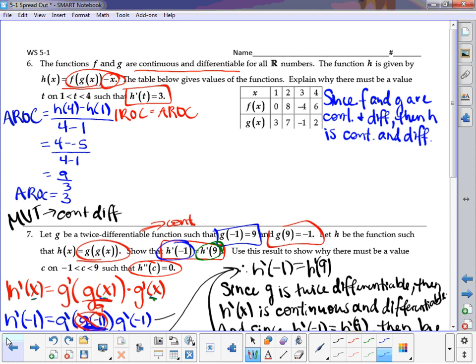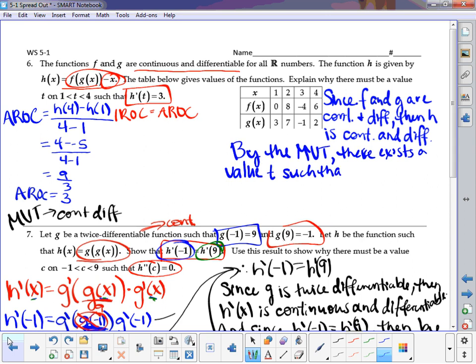We stated it's continuous and differentiable, so by the mean value theorem, there exists a value t, since that's what they use, such that t is on the interval 1 to 4, and h prime of t equals 3.